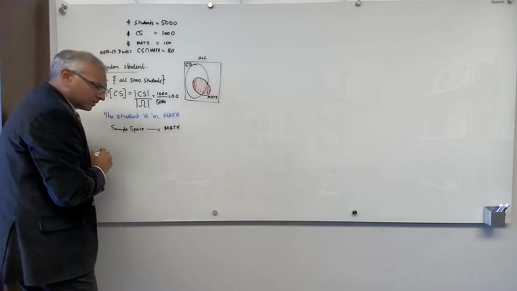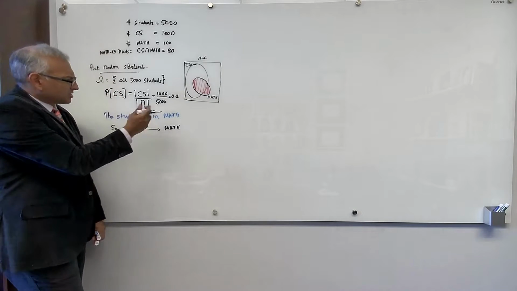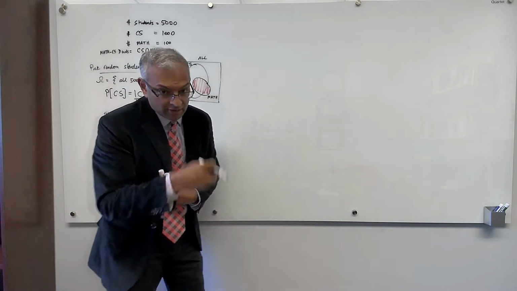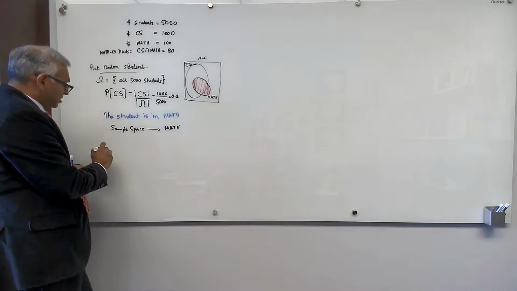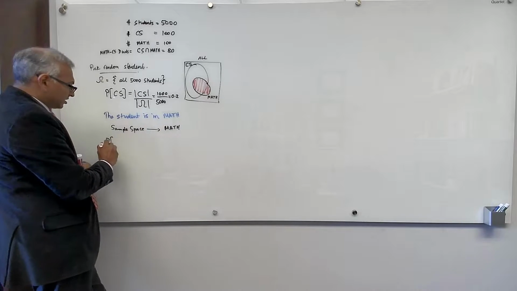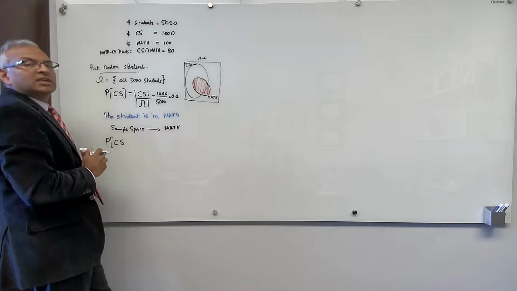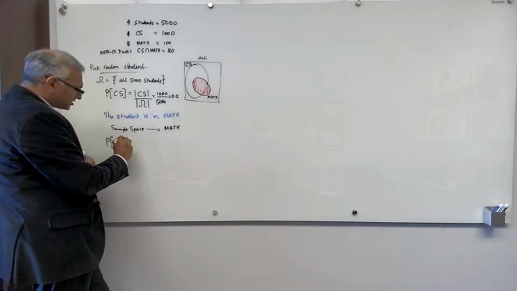Now we can ask, what are the chances that this student, who was random, but now we have the new information that they're in math, is a CS major? The way we indicate that we have this additional information, we say probability of CS given math.